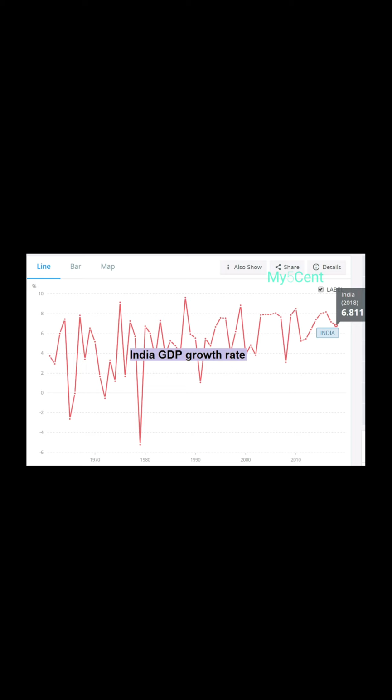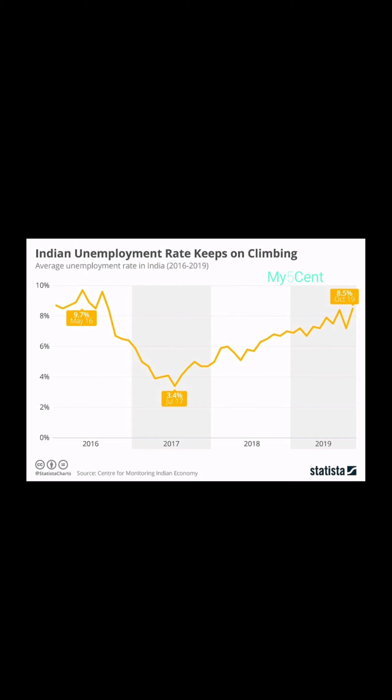There is a possibility that the fall was due to the high unemployment rate as reported by CMIE, the Center for Monitoring Indian Economy. As you can see from the graph, the unemployment rate rose to 8.5% as of October 2019 in just a span of 2 years, from the low of 3.4% during 2017.